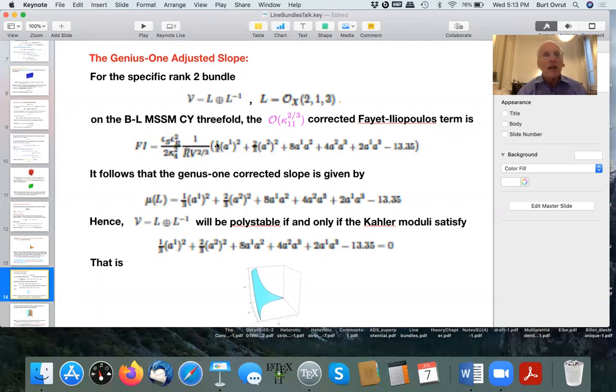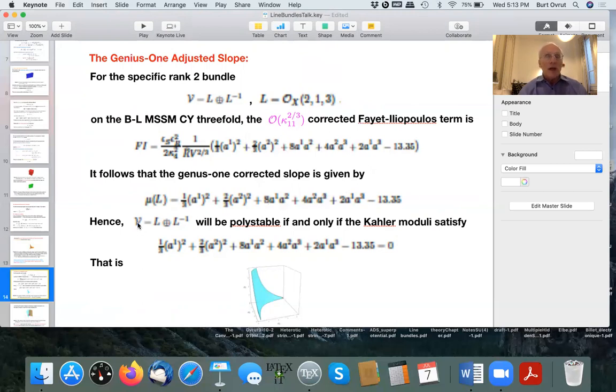It has a piece which is the tree-level piece, but then it has a genus-1 correction to it. This is actually of order kappa_11 to the 4/3 when we get up to this extra piece here. So from this, one can read off the genus-1 corrected slope, and it's just given by this. That's the inside here.